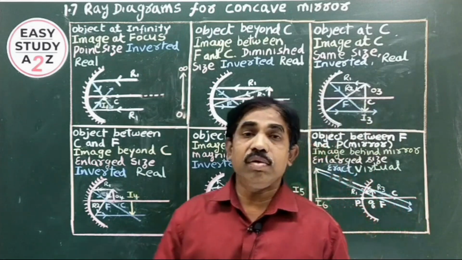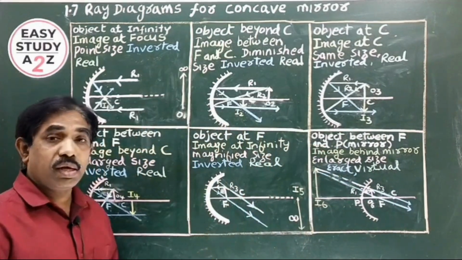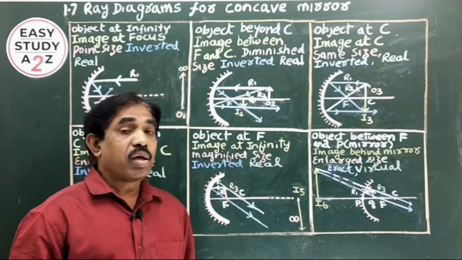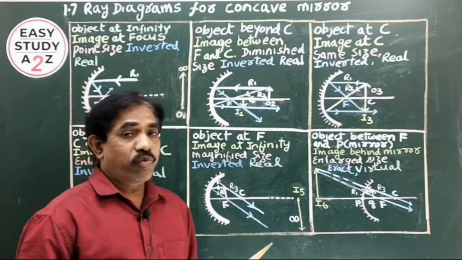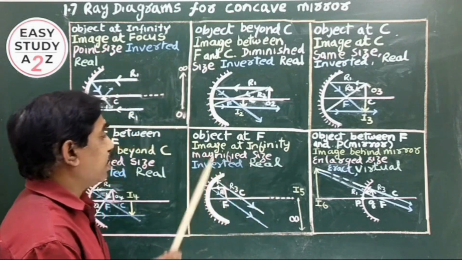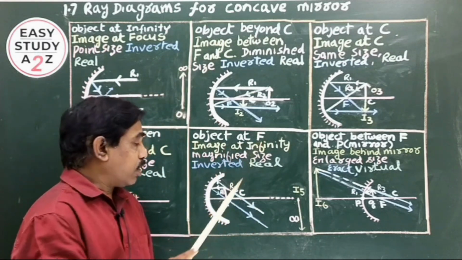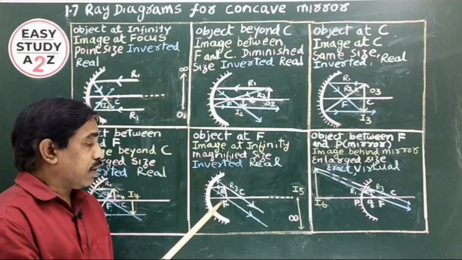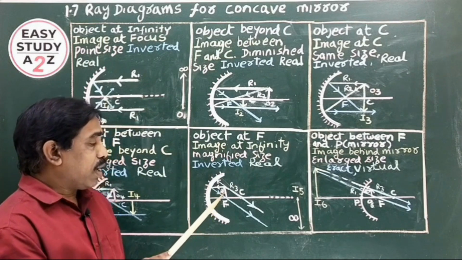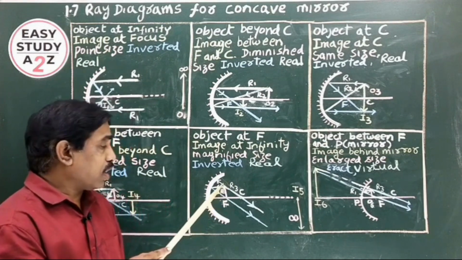Now coming to the fifth diagram. Here rule 1 and rule 3 are followed. There is no scope for rule 2. See here, the object is at F. The object is kept at F, and now at F a ray is starting.